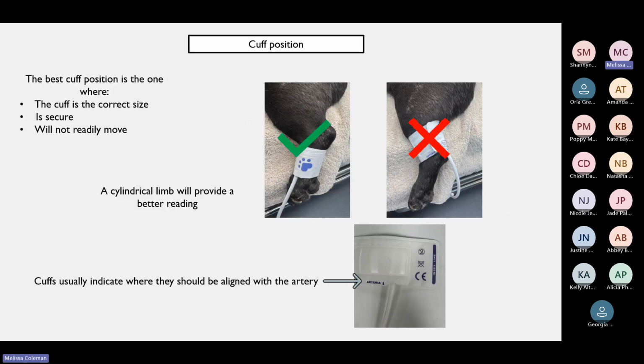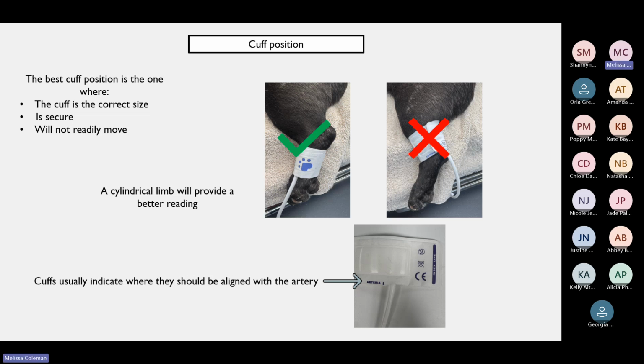Cuff position. The best cuff position that you can have is one where the cuff fits on the animal. A lot of people like back legs, or front legs, as best practice. It's where the cuff fits best on the animal that's in front of you. So you need to make sure it's the correct size, it's secure, and it's not going to readily move. A cylindrical limb is always better than a leg that tapers.